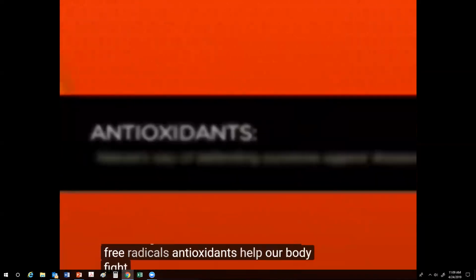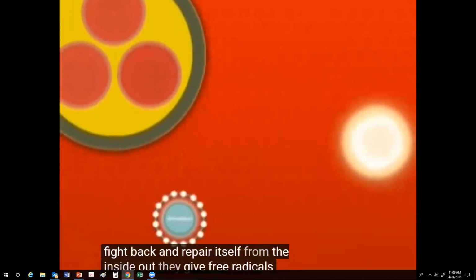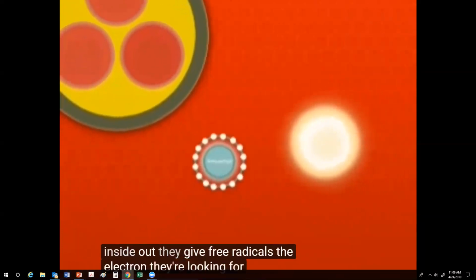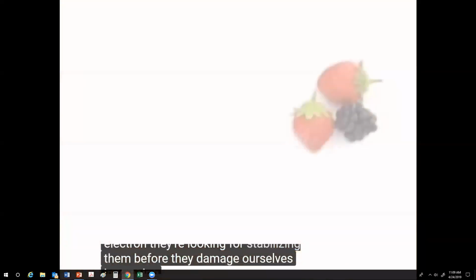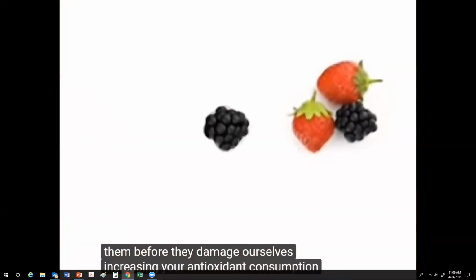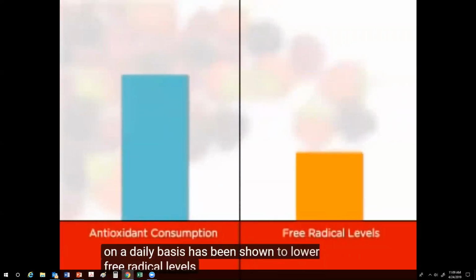Antioxidants help our body fight back and repair itself from the inside out. They give free radicals the electron they're looking for, stabilizing them before they damage our cells. Increasing your antioxidant consumption on a daily basis has been shown to lower free radical levels and promote better health.